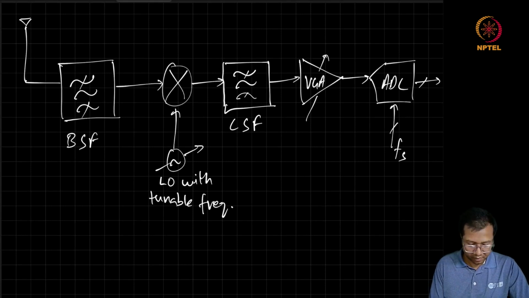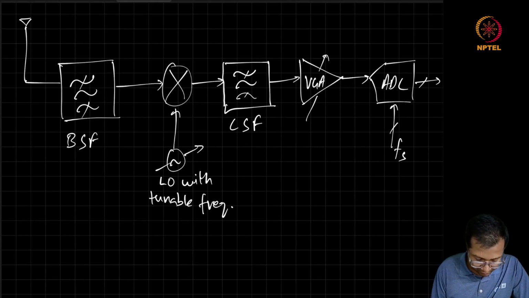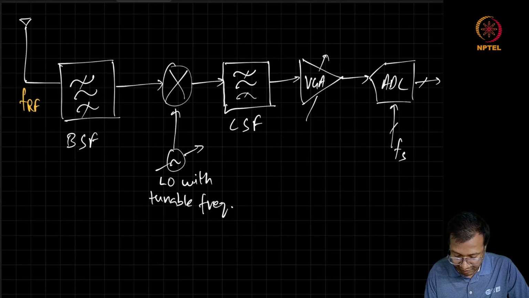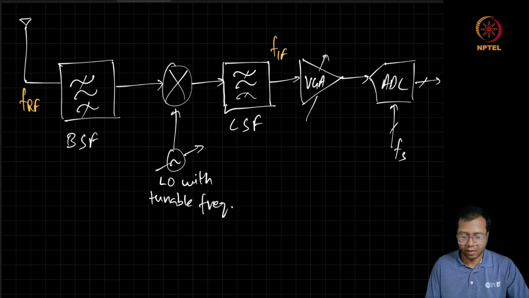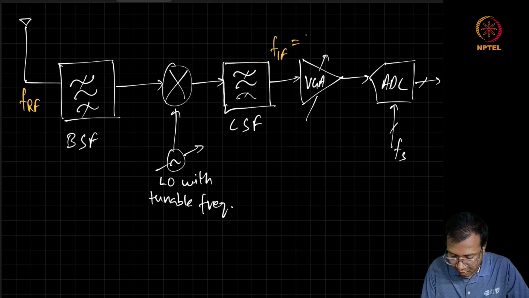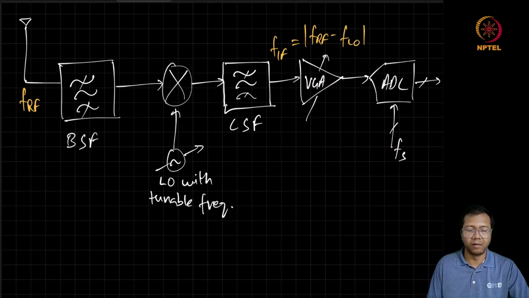So this architecture, where you start with a signal at a frequency FRF, and then after mixing and filtering we obtain an intermediate frequency, which is going to be at the difference frequency of the RF signal and the FLO, which is later amplified and fed to an ADC.